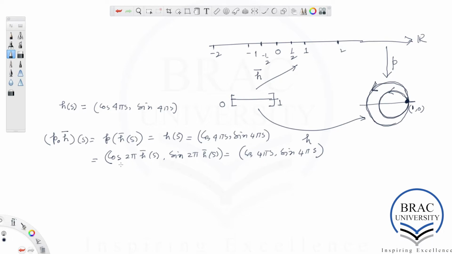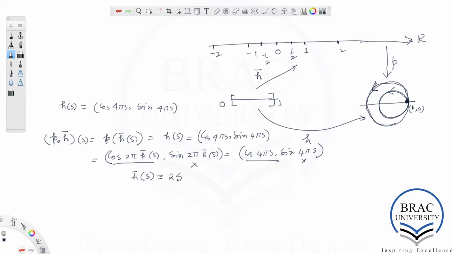Well, so now we set this to be equal to this and this to be equal to this, and the solution is given by h bar of s equal to twice s.